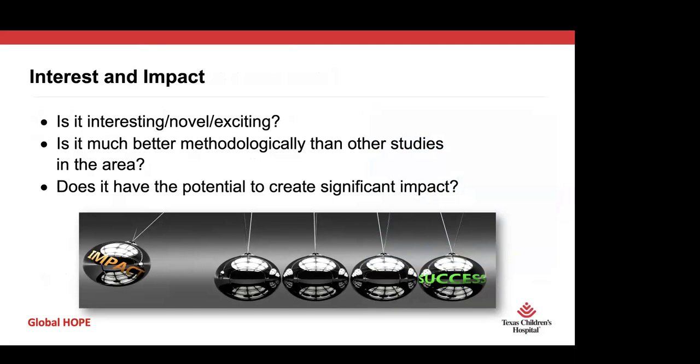Another thing is maybe, if it's a research study, you're using a different methodology that has not been published before, and then you would want to emphasize that. Does it have the potential to create significant impact? That's a big piece of looking at the impact of your work, and it can lead to great success.